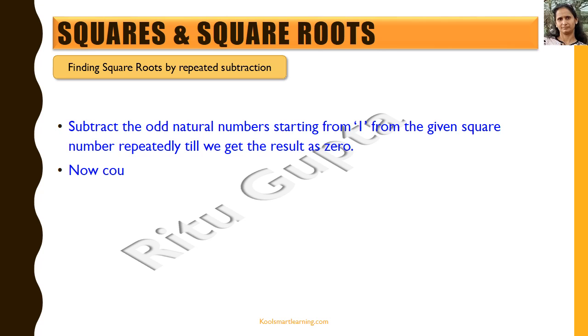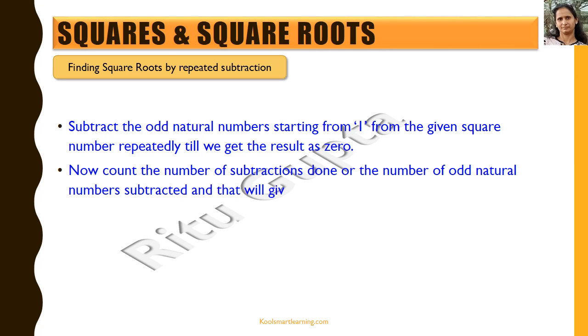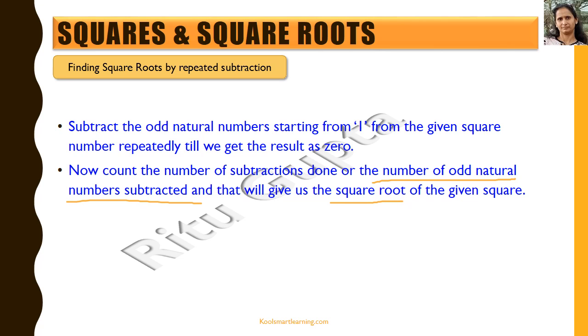Then we count the number of subtractions we've done, or the number of odd natural numbers that we've subtracted to get a final 0. That will give us the square root of the given square.